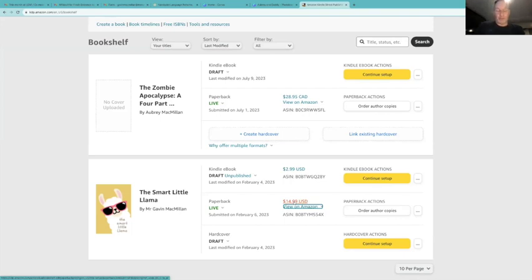So if you wanted to write a book on behalf of your children or have your children as published authors, what I did is I set up the Zombie Apocalypse and the Smart Little Llama as books, and 60% of the proceeds of the sales of these books goes into an account for my son. So he's not only incentivized to write and be creative, but he also gets something monetary on the back end. So that's effectively it.